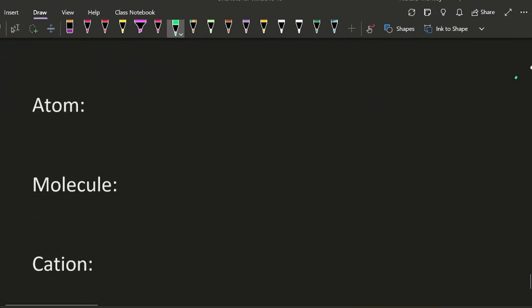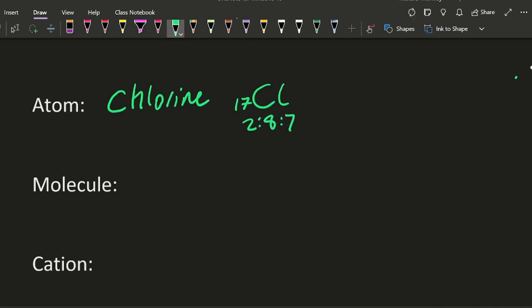So let's start with radical atoms. The kind of classic one is the chlorine atom. So chlorine has 17 electrons, 2, 8, 7. And so knowing that, you can see on the valence shell, there's 1, 2, 3, 4, 5, 6, 7. There's a lone electron there, and that's what makes it a radical.